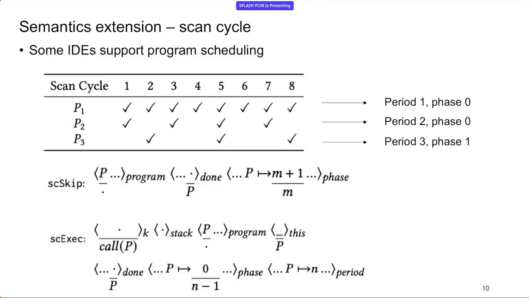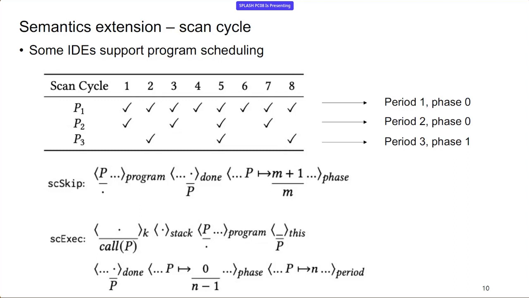I brought here 2 of the K rules we used. The first one, SC skip, is skipping the program execution when it is not its turn. We know it is not its turn when the phase is not 0. So m plus 1 becomes m as it skips, as it gets out of the program list.